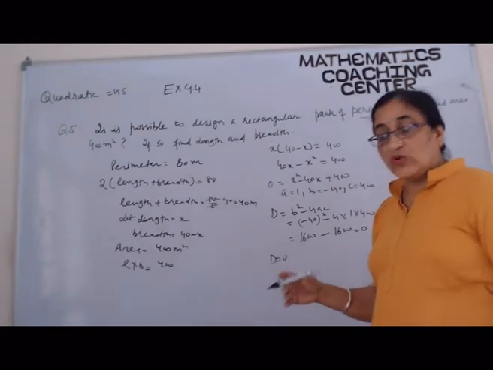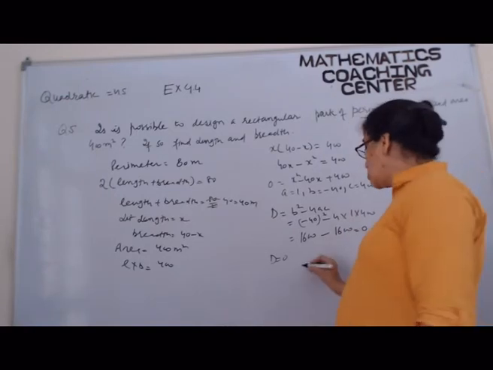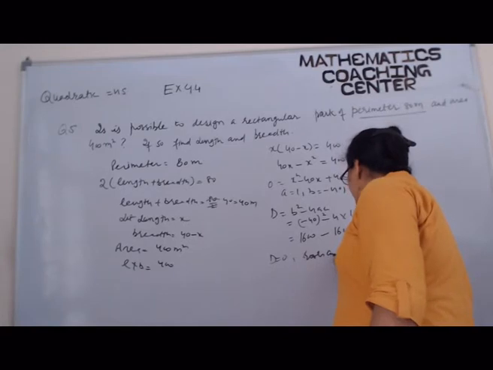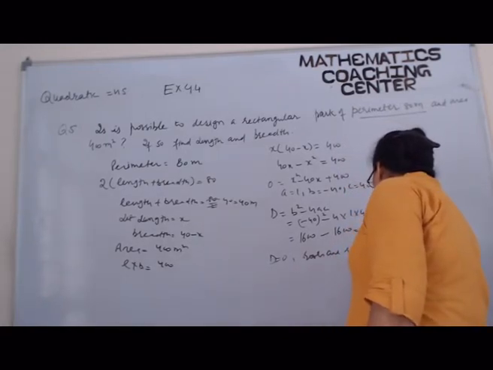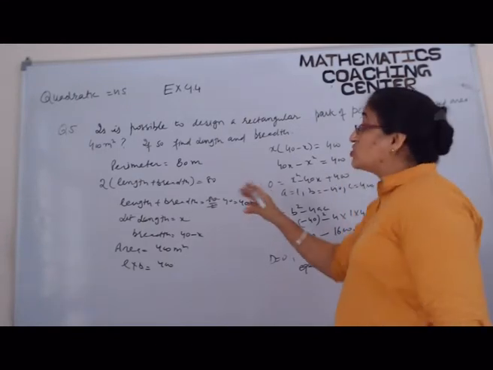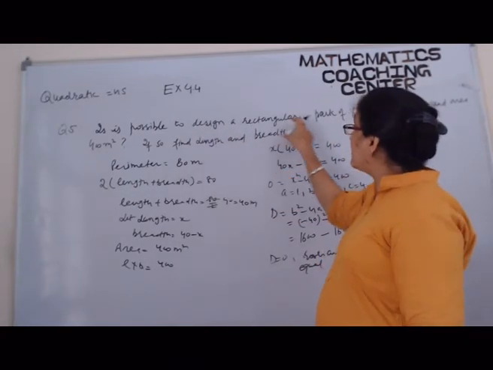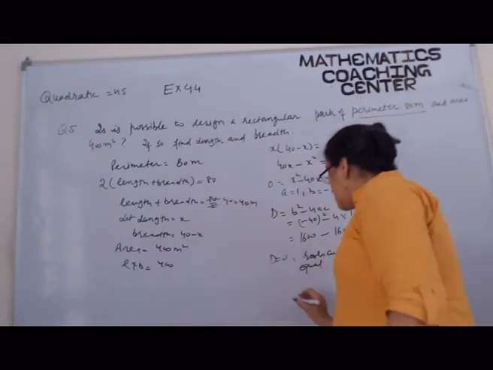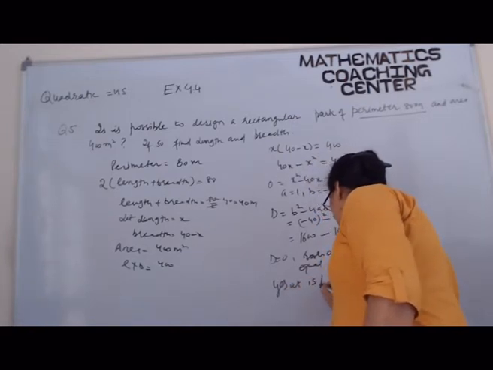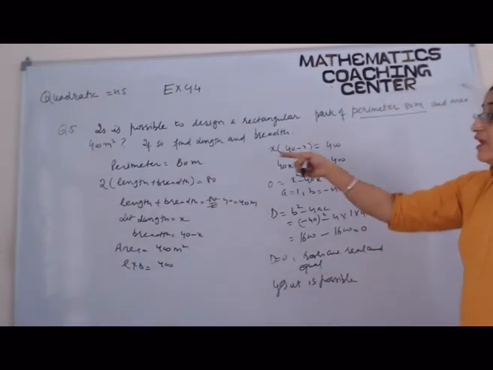Discriminant is equal to 0, roots are real and equal. Yes, it is possible. First part: is it possible to design a rectangular park? Yes, it is possible. Now you have to find its length and breadth.